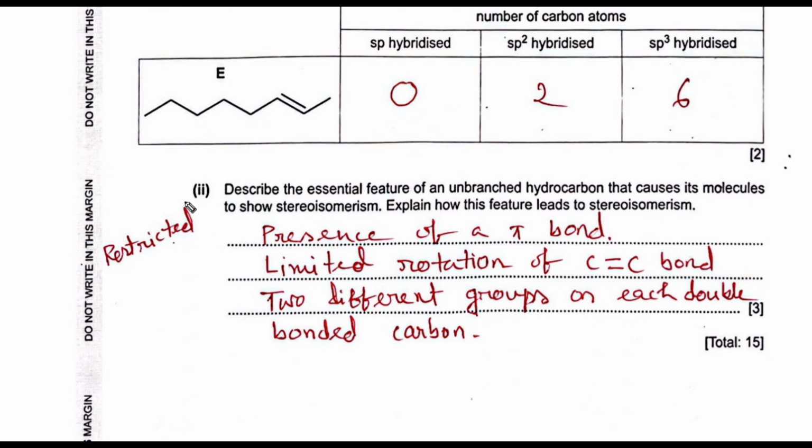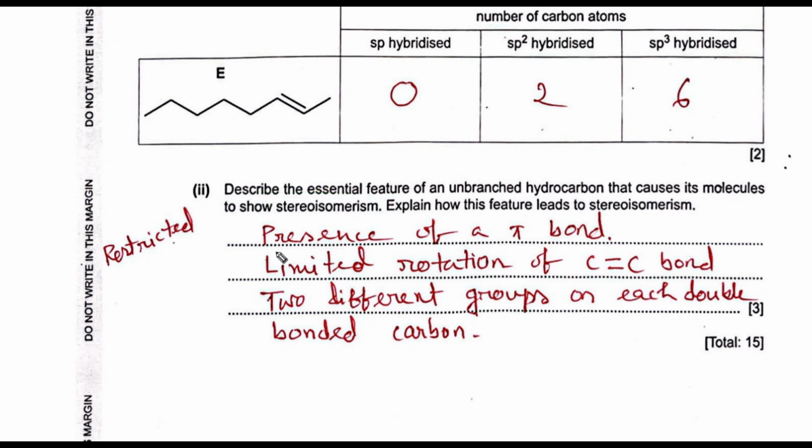Now number 2, describe the essential feature of an unbranched hydrocarbon that causes its molecules to show stereoisomers. Explain how this feature leads to stereoisomerism.